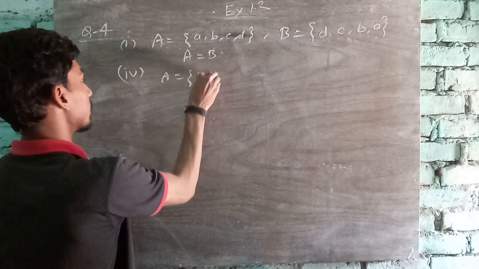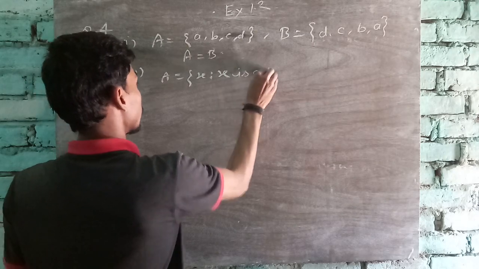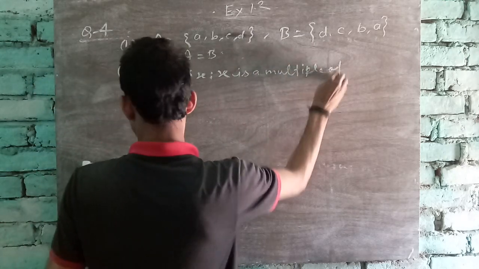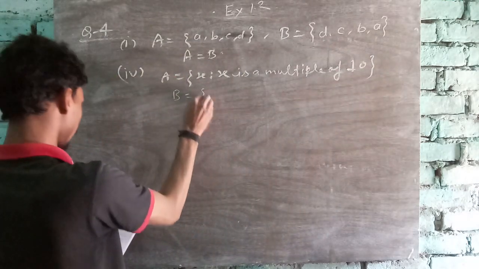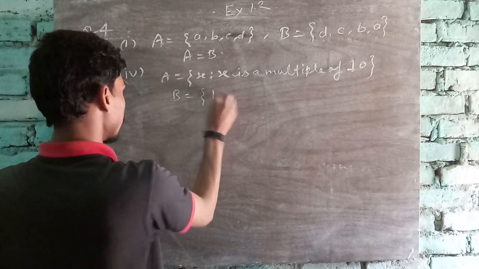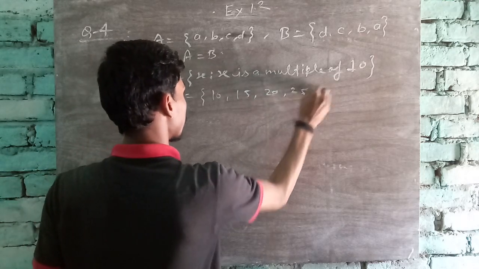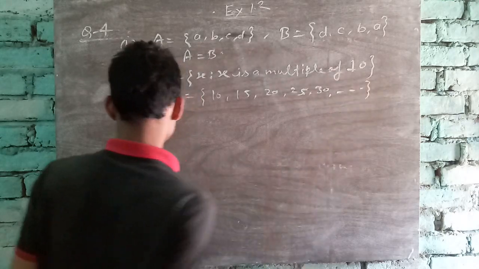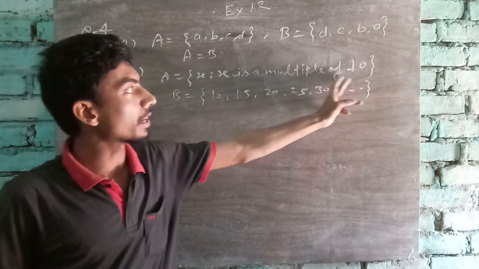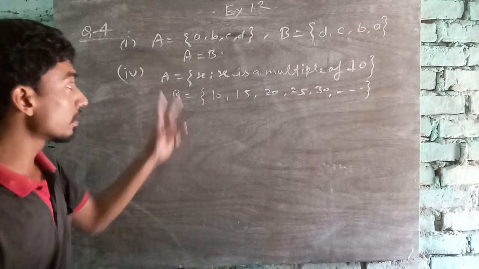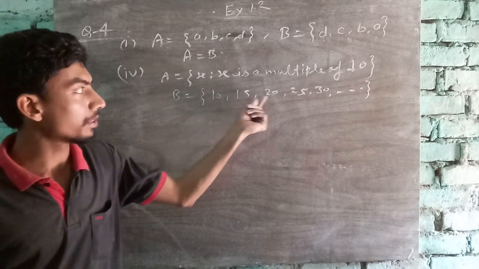A is equal to x such that x is a multiple of 10 and B is equal to 10, 15, 20, 25 and 30 and so on. यहाँ पे देख रहे हैं x, the set of all x such that x is a multiple of 10. 10 का multiple means 10, 20, 30 and set B is the multiple of 5 because here 10, 15, 20 are the others.